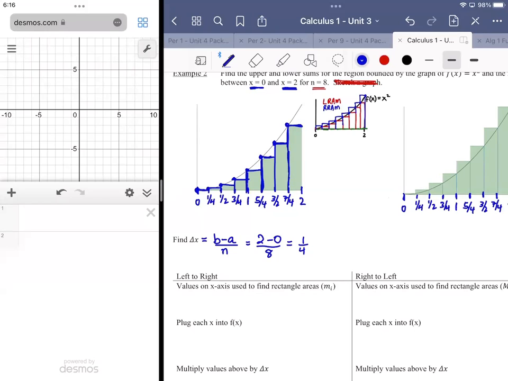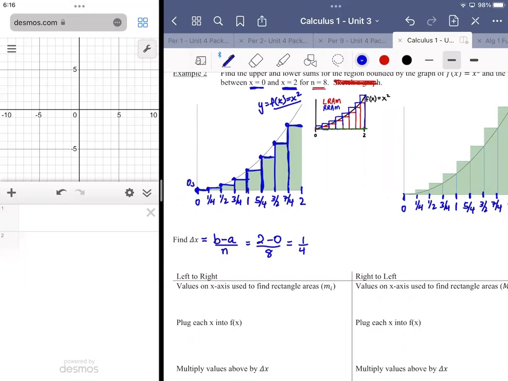So we want to figure out what those heights are, since we know that y equals f of x equals x squared. Each y value is whatever you get when you pop in the x value for x squared. The heights are just whatever the y values are.